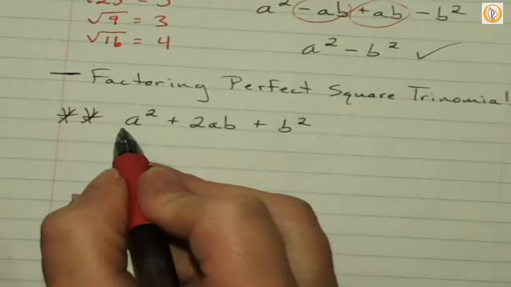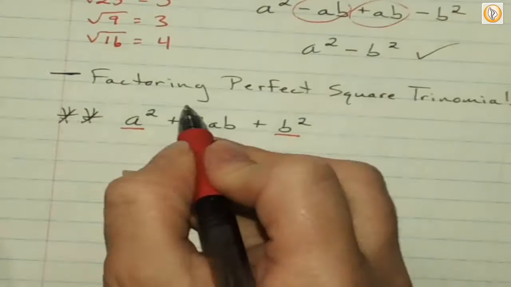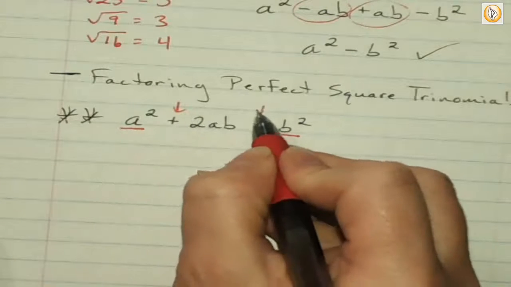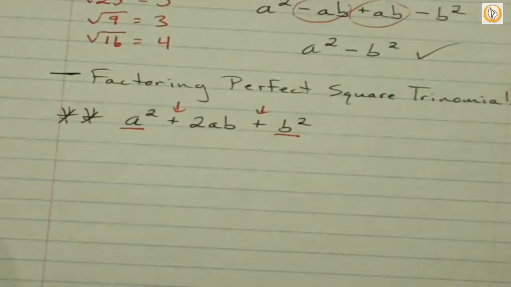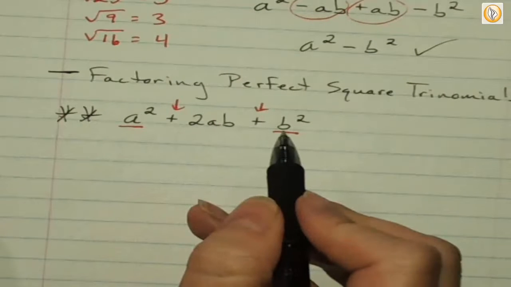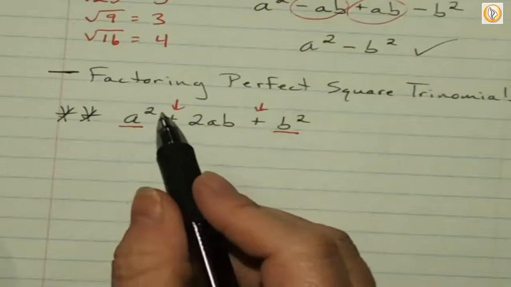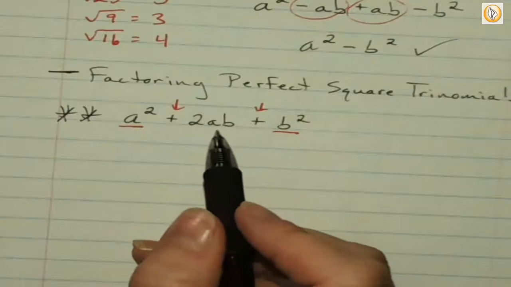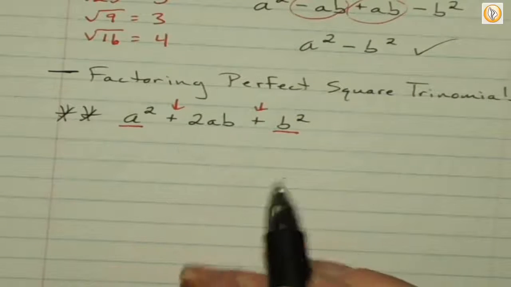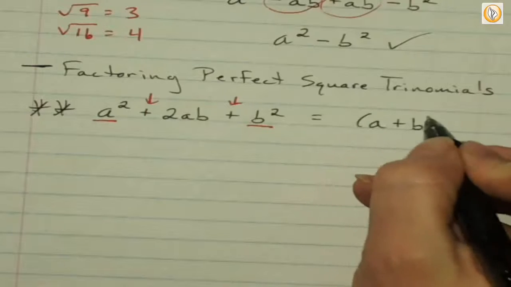We have a perfect square here and here. We have a plus sign and a plus sign. So if you have a perfect square, and then twice the a and the b, and a plus sign, and y'all, we're going to do lots of examples, the answer is going to be a plus b squared.